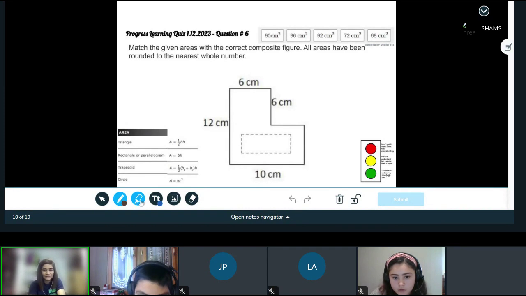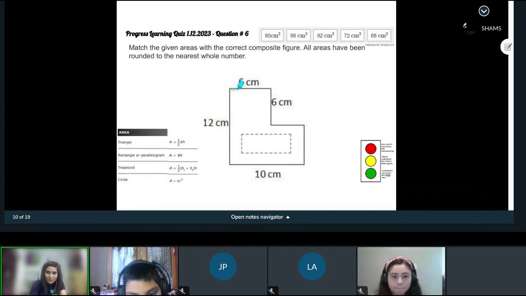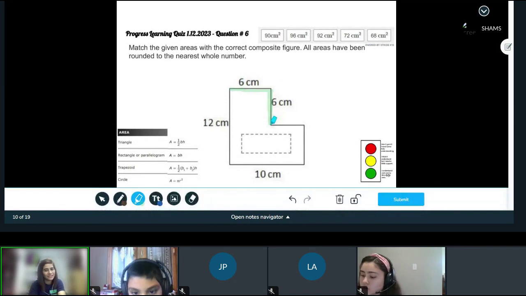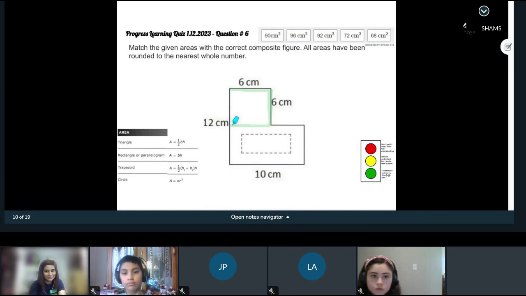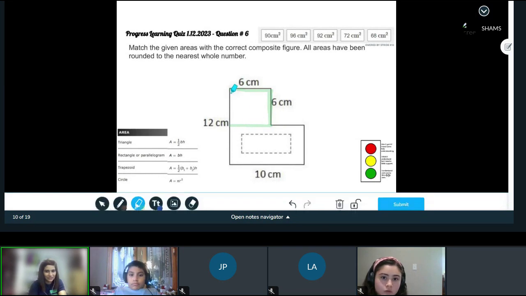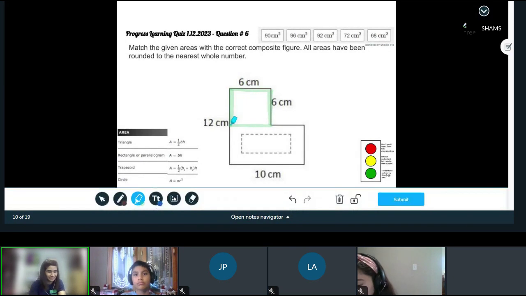Lean sees a 6 by 6 square over here. So she goes ahead and completes the square. I wasn't looking at it this way, but Lean saw a 6 by 6 square.